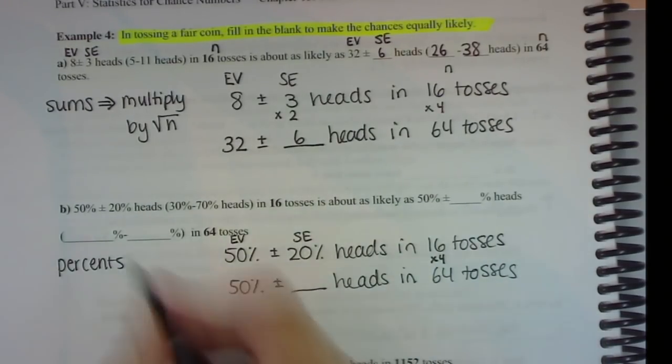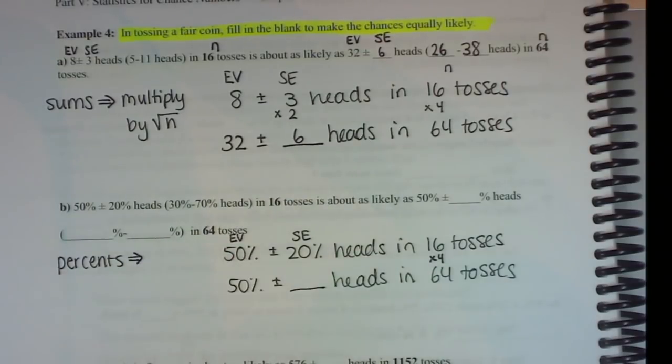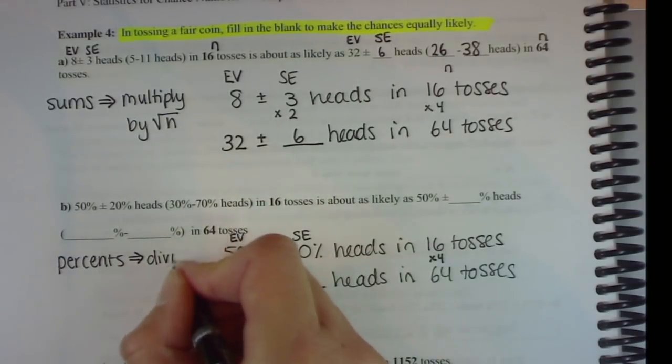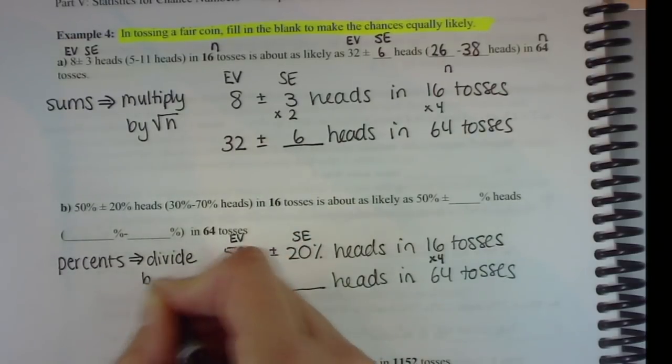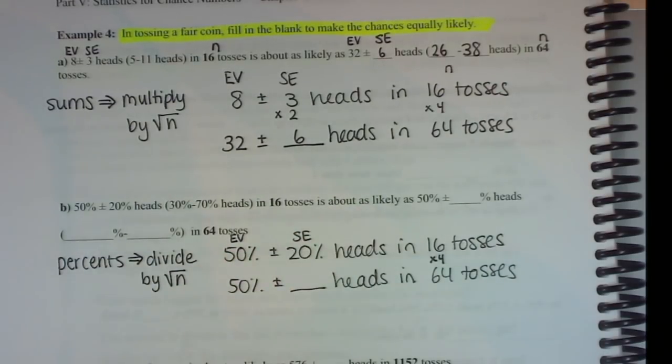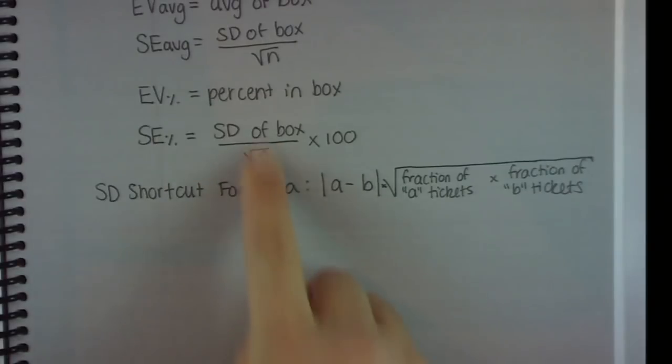So if n goes up by a factor of 4, for percents in the formula for standard error, I don't multiply by the square root of n, I actually divide by the square root of n, right? If we look at the formula, it is right here, standard error for percent.